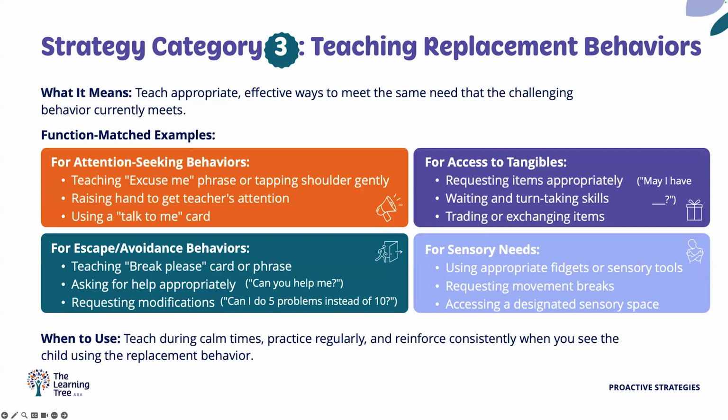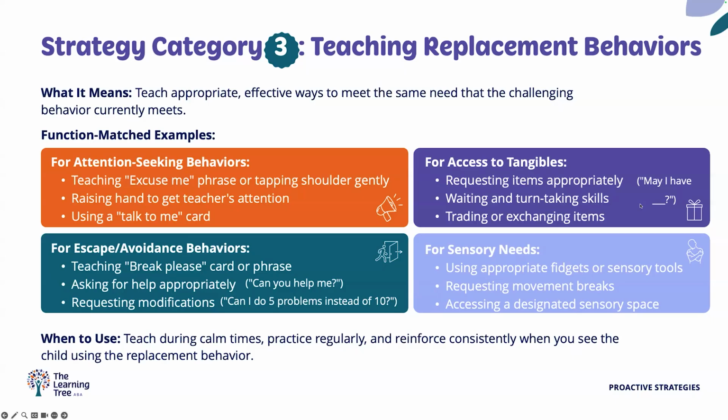And then we go into teaching our replacement behaviors, and these are teaching an appropriate way of how to get our needs met. For example, for attention seeking, saying, excuse me, tapping on the shoulder gently. For breaks or trying to escape, using a break please card, asking appropriately, requesting modifications.